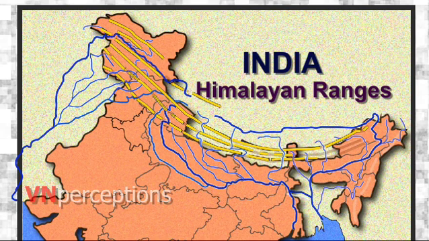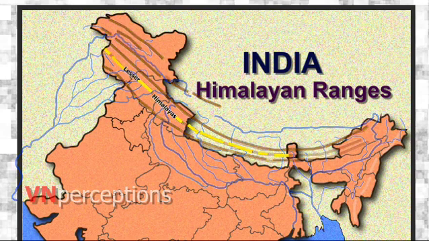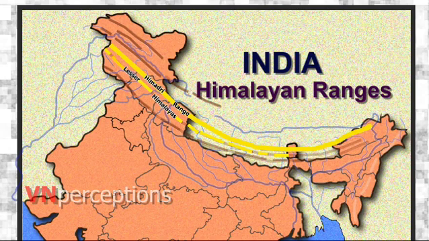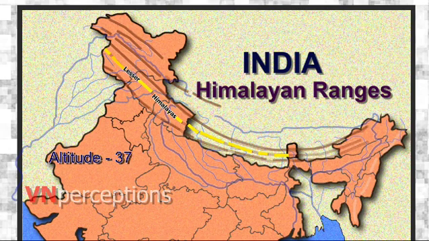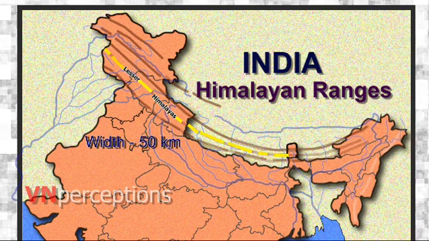Next is the Lesser Himalayas or Himachal Himalayas. The Lesser Himalayas lie to the south of Himadri. The altitude varies between 3,700 and 4,500 meters and the average width is 50 kilometers.